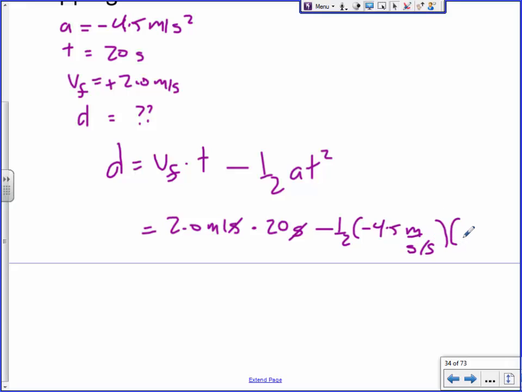And then my time, again, for a second time, 20 seconds. How are these units here going to cancel? Well, see how this seconds here is squared, right? Essentially, there's 2 seconds symbols, right? Which means that both of these second symbols will be able to eventually cancel these ones.